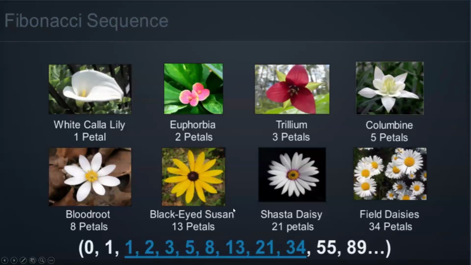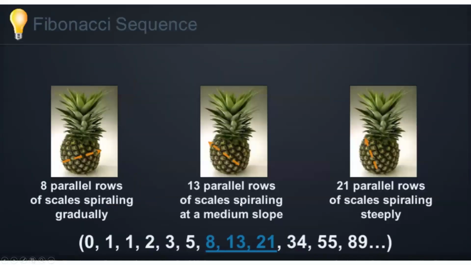It's also, now, this will not make sense to you, but by the time you get to the next page, look at this pineapple, that you know. When a pineapple is growing, it grows in spirals. Now a spiral with the first 8 parallel rows. It is very possible that the next spiral can be 10 parallel rows, but it's not.